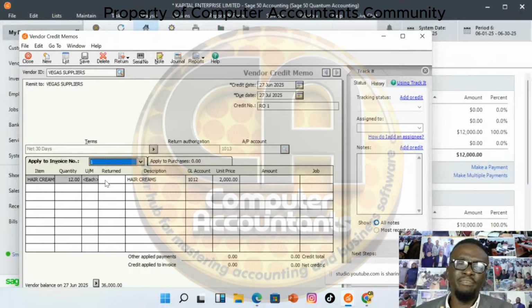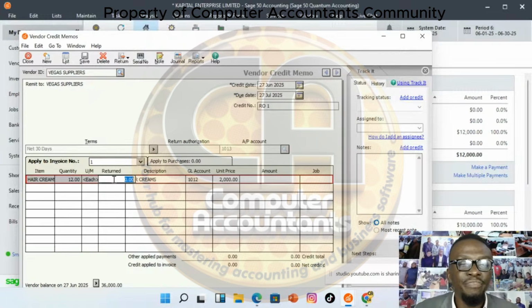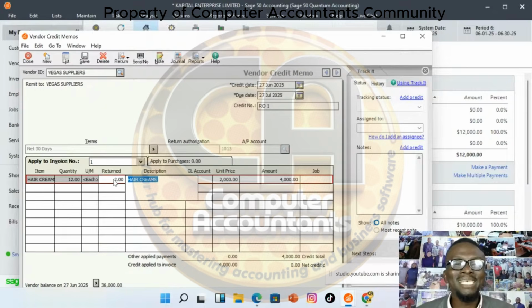We can give him any invoice. All the invoice numbers will drop. Then we'll select the one to apply this. So out of the 12 products we purchased from him, 2 are bad, so we are returning the 2. It means that what we will now pay for will be the remaining 10. Okay, good.